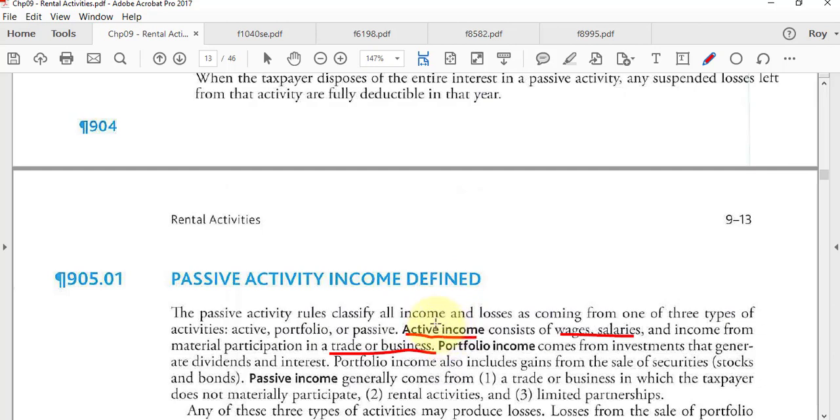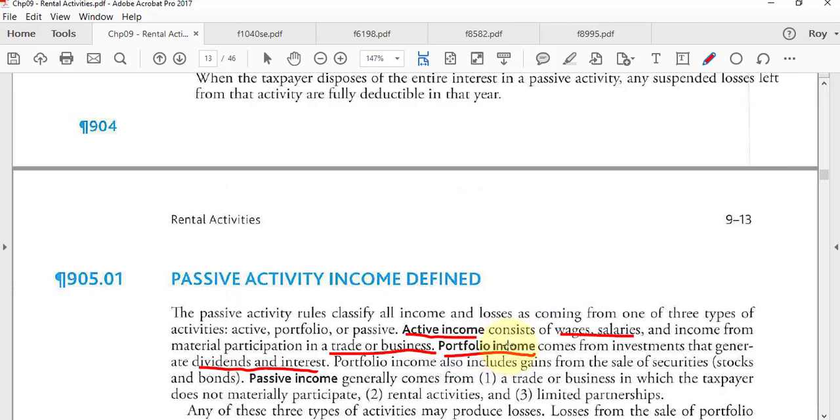Another category of income is called portfolio, basically coming from an investment portfolio that's generating dividends and interest income. Or maybe when you sell those investments, it's just generating capital gains. That's called, again, portfolio income.